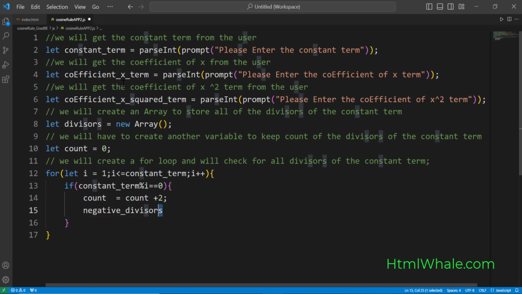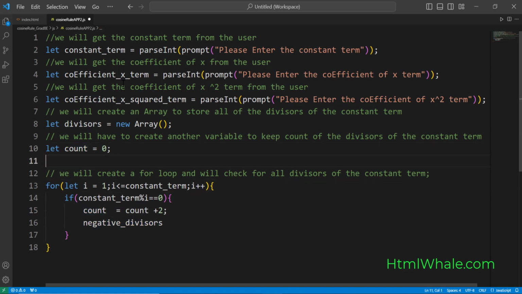I will declare this variable over here. Let negative divisors, and then I come over here. I need to capture the negative divisors. So to get the negative divisors, I'm going to multiply I by negative 1. And now we will push the value that has been captured.